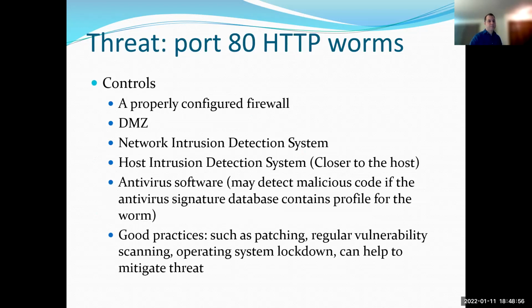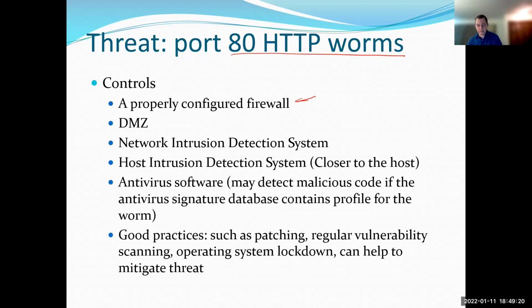And then this is just an example of some of the threats. If you have a threat, what are some of the defense in depth controls? So if you have port 80 worms, like we saw in 450, where you remember that JavaScript injection that created a worm, some controls to deal with that are a properly configured firewall.